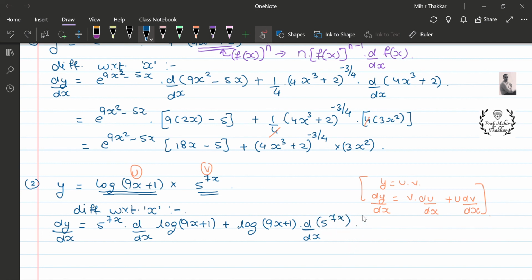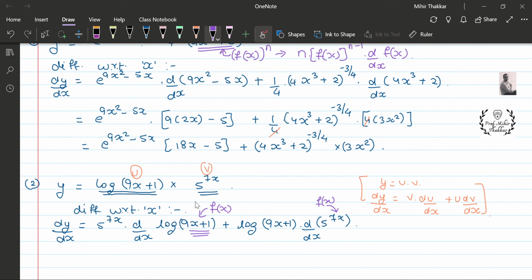Once again I am repeating, guys, anything other than x inside a function is considered as f(x). So over here 9x plus 1 will be taken as f(x), and in the second part 7x will be taken as f(x).